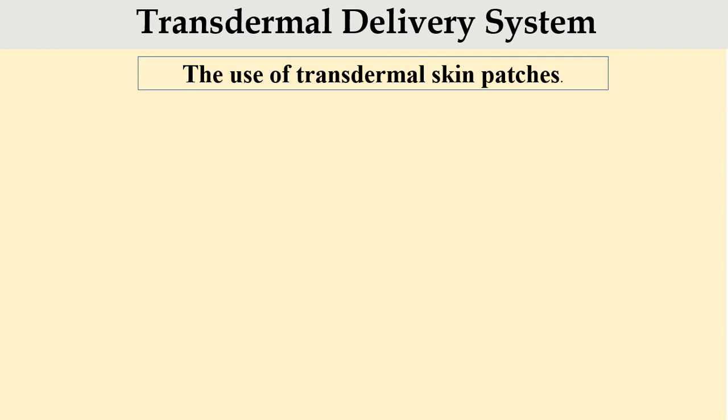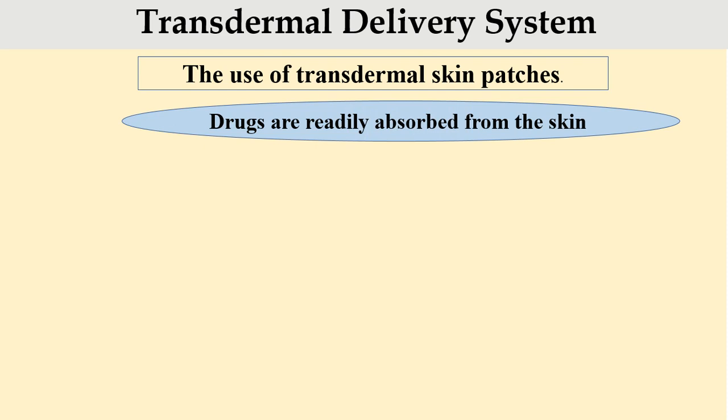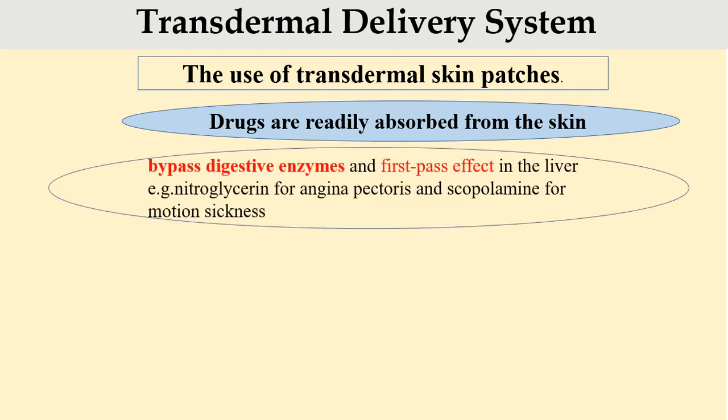If we use the transdermal delivery system, that means using the drug as a skin patch, the drug is readily absorbed from the skin and bypasses digestive enzymes because it does not reach these organs. It also bypasses the liver, where it may be inactivated by the first pass effect.